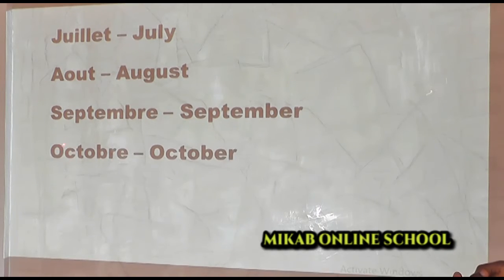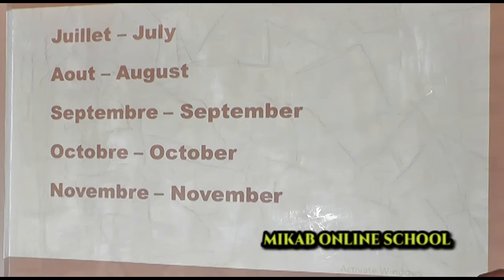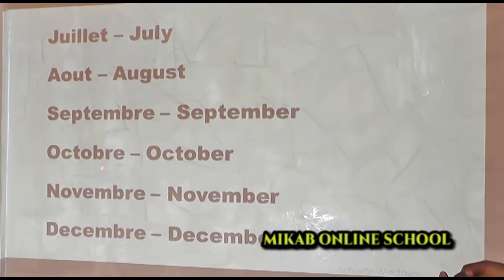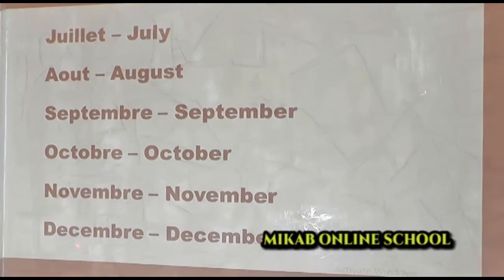The next one is octobre. The next one is novembre. And the last one is décembre. Juillet, août, septembre, octobre, novembre, décembre.